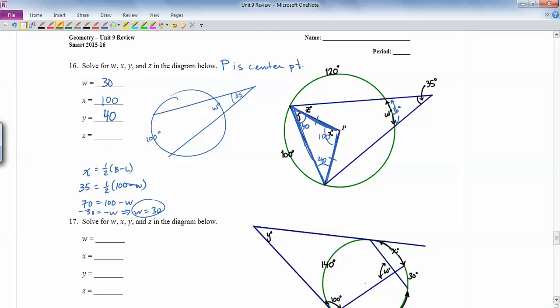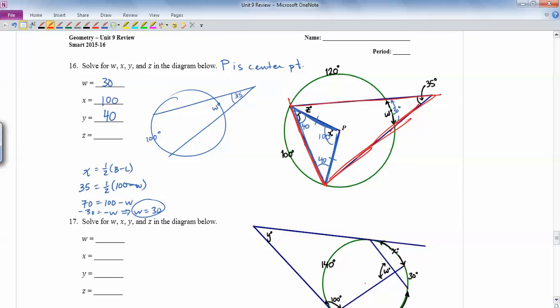Z is kind of a tricky problem. So Z, probably the easiest way to get Z. Now you could do it a couple of ways. Actually, I'll do it two ways. So one of the ways you could get Z is by looking at this whole triangle right here, right?